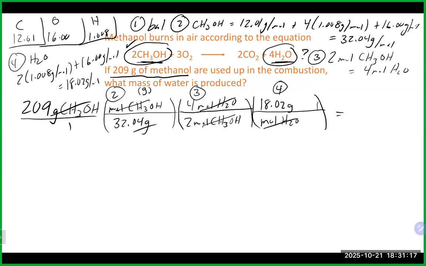So 209 times 4 times 18.02, equals, divide by 3204, equals, divide by 2, equals. And you're going to end up with approximately 235 grams of water is going to be produced in this particular case.